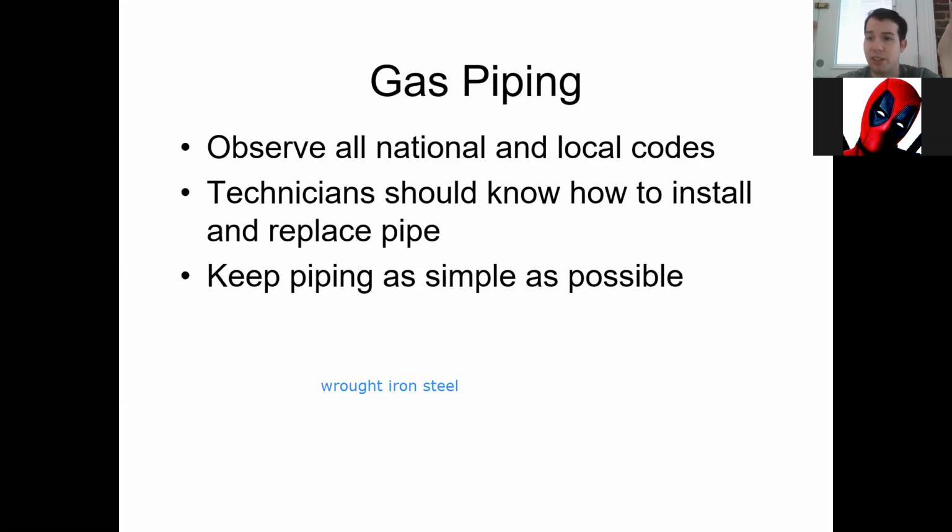In some places it's every 18 inches you have to have support for that gas line, which makes sense because you don't want some part of the gas line to sag or become a low point or a heavy spot. You want it nice, fixed, and straight, carrying that gas throughout a building. So wrought iron steel, like I said, is your main piping that you're going to see used for that.